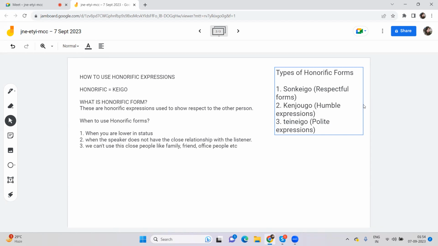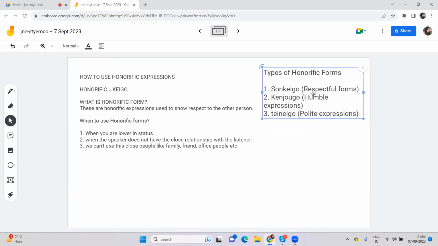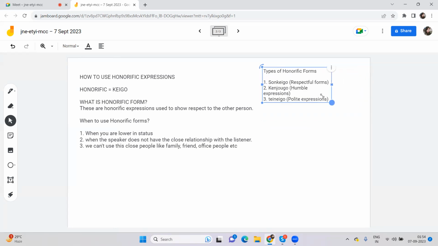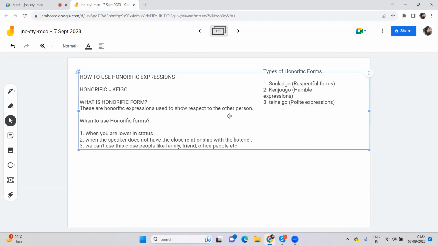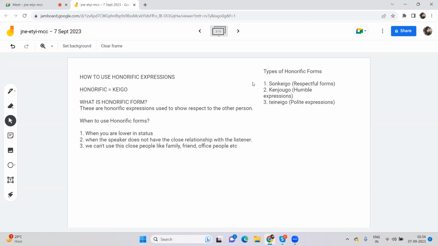First, we will start with Teineigo. I hope you will write this. I am writing Teineigo here. Teineigo is part of honorific forms.